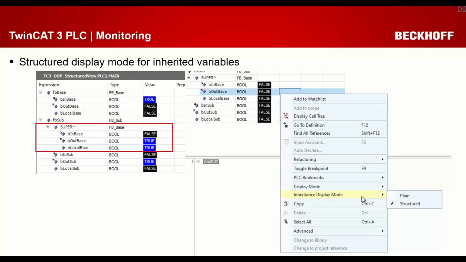And it is now possible to switch the display mode to structured, which enables you to see those variables which are defined in the base class in or under this super pointer. So you have a possibility to have a more structured view of the different variables of your FBs. The default is still plain, so you would see all the various variables on the same level.